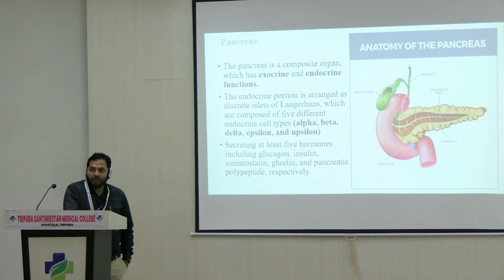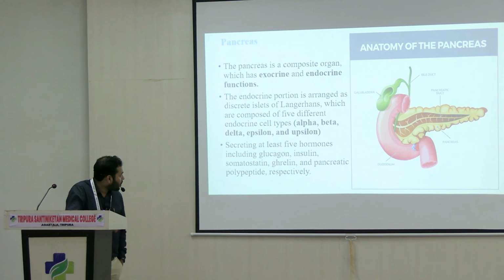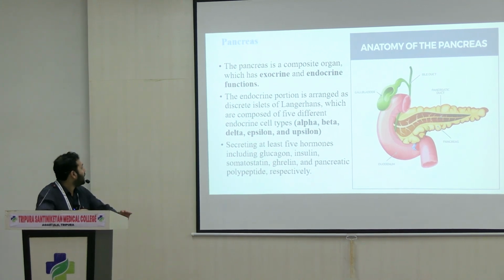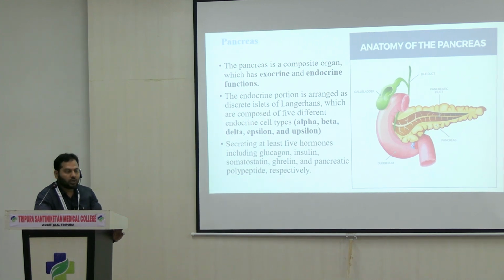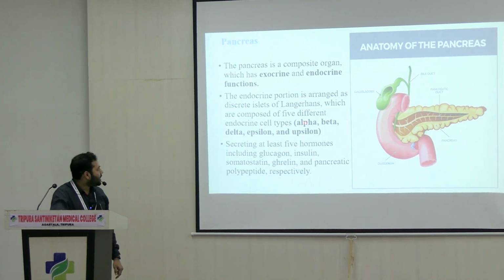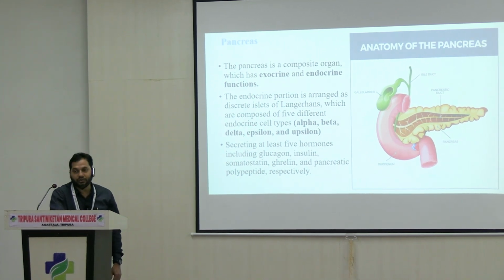Why is it important? Because it contains different types of cells that play an important role in the secretion of important metabolic hormones. So, what are the most important cell types? It is mainly composed of 5 different endocrine cell types, right? These are alpha, beta, delta, epsilon, and epsilon.